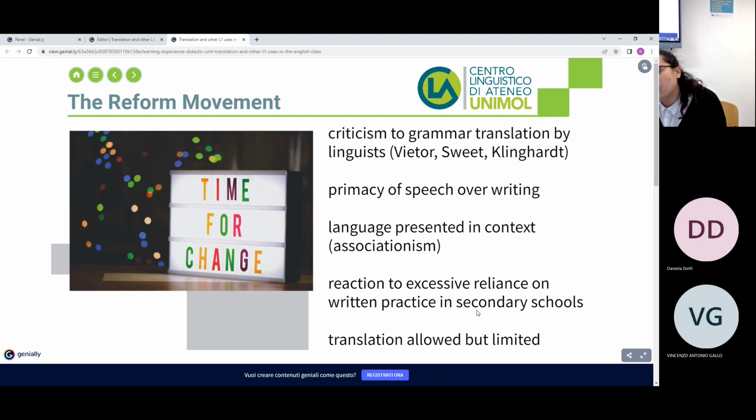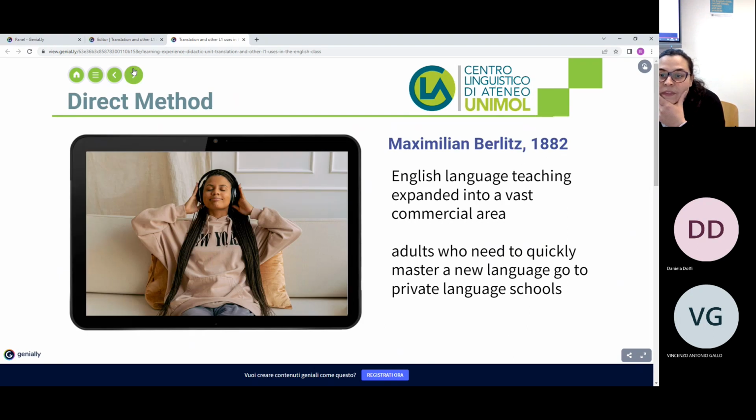In this case, the academia would still allow for some translation, but they would invite teachers to limit it, so reduce the amount of translation. At the very same time, the very same year, 1882, a vast commercial area of English language teaching started from private language schools.